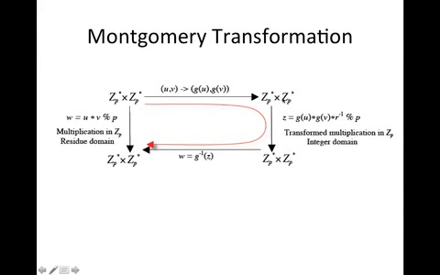Now, all we have to do is to give an interpretation to the multiplication in the transform domain. This is the transform domain here. So we got our numbers G of U and G of V, but the multiplication now is defined not as the product of the two, but the product of the two times R inverse mod P. That is how we understand the multiplication of the two numbers.